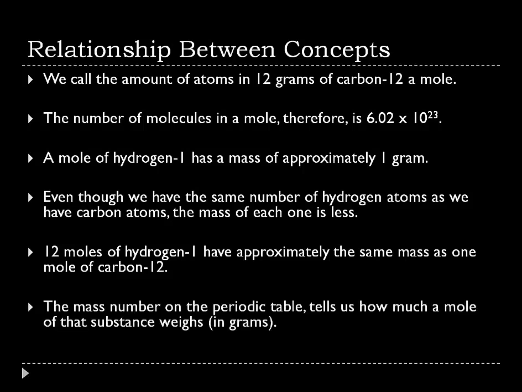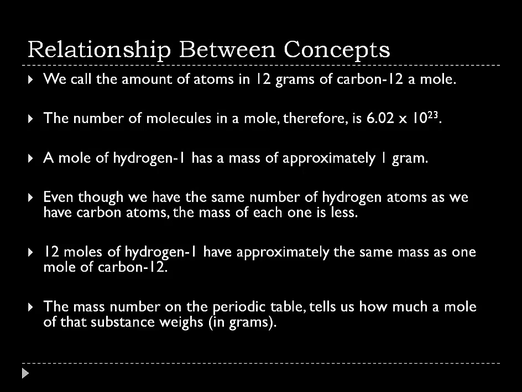The mass number on the periodic table tells us how much a mole of that substance weighs in grams. So if you look at the periodic table, for hydrogen, the mass number is very close to 1, which means that a mole of hydrogen has a mass of 1 gram. A mole of carbon has a mass of very close to 12 grams.